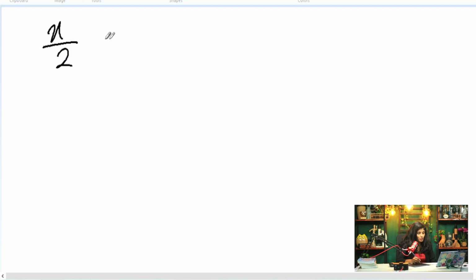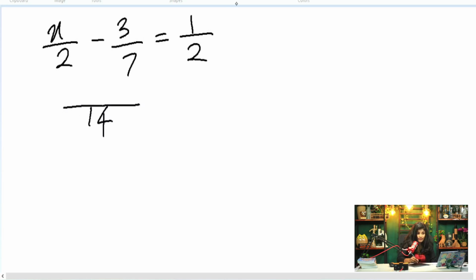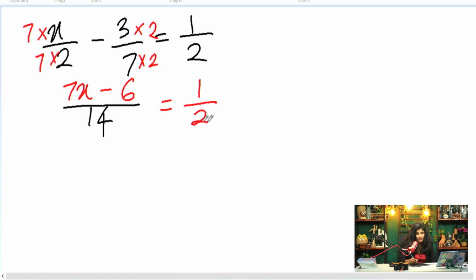X over 2 minus 3 over 7 equal 1 over 2. What we can do is taking the common denominator as 14. Then I have to multiply this one by 7 and the other side by 2. 7 times x, 7x minus 3 times 2 is 6 equal half.